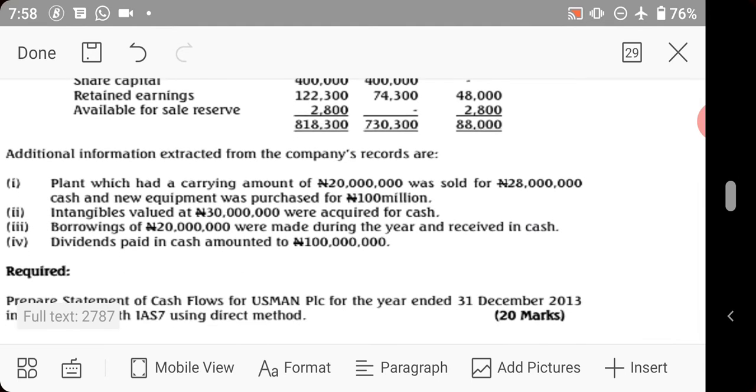Additional information. Plant which had a carrying amount of 20 million naira was sold for 28 million naira.